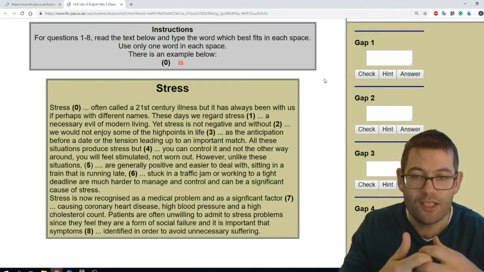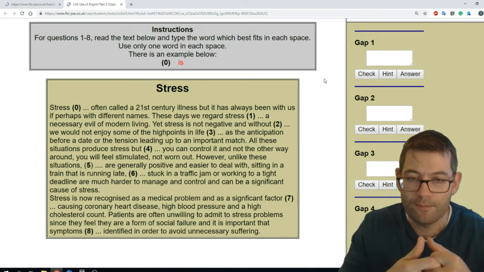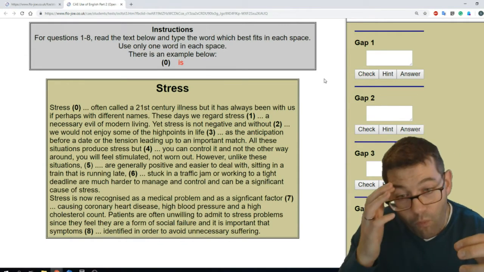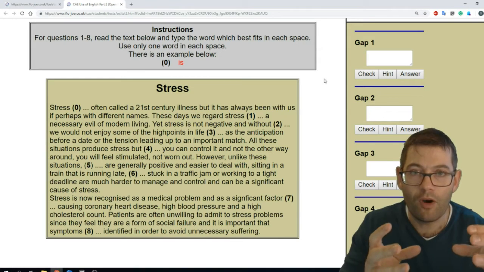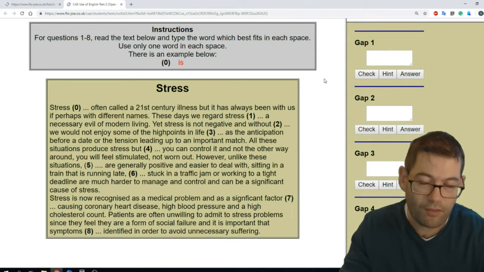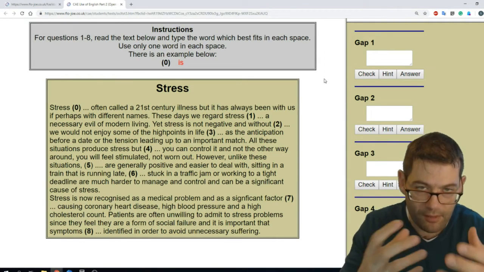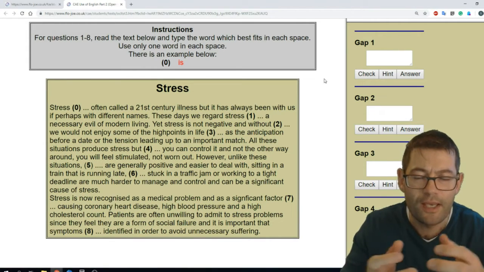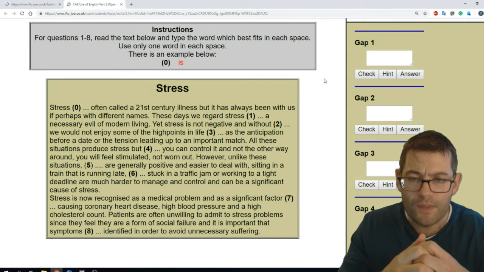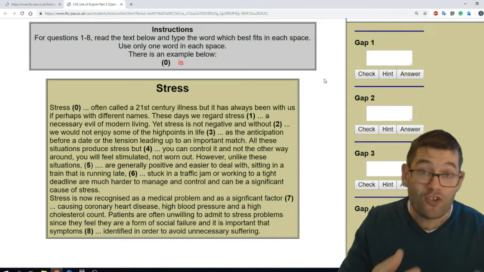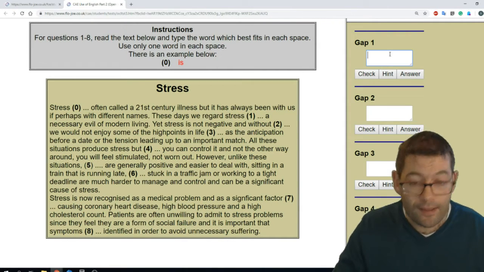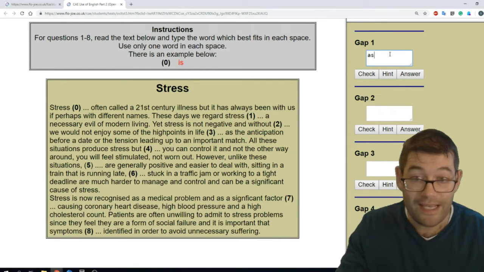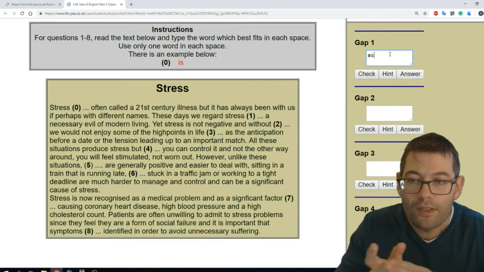So these days we regard stress, and then what follows is an explanation of why we need stress. If you read the article through, you get the idea of the context that stress is always there, and it causes us different problems. So the explanatory preposition that we need here is as. These days we regard stress as a necessary evil of modern living.